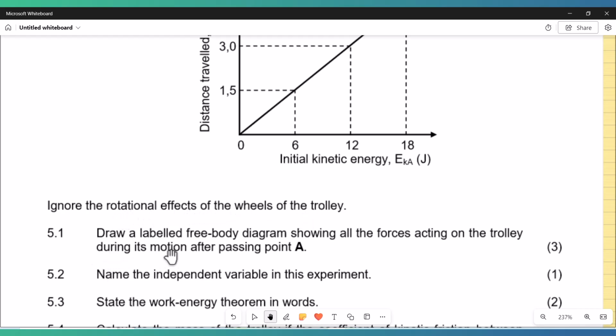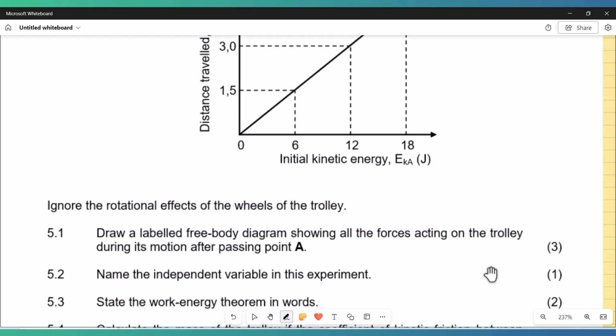They say draw a labeled free-body diagram showing all the forces acting on the trolley during its motion after passing point A. They are giving us 3 marks here. Now this trolley is on the surface.